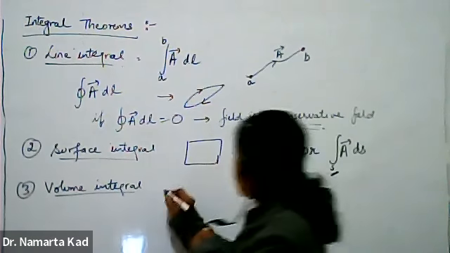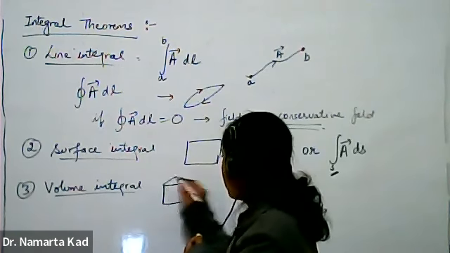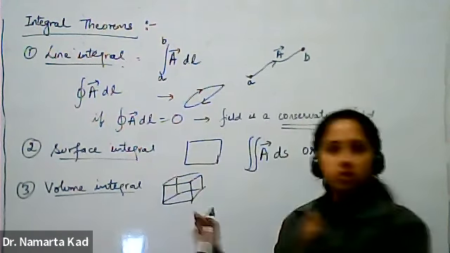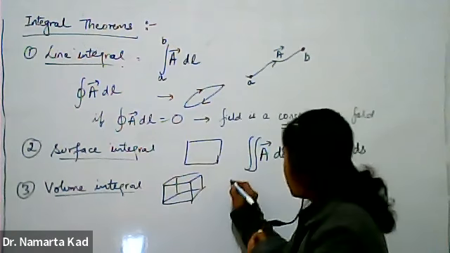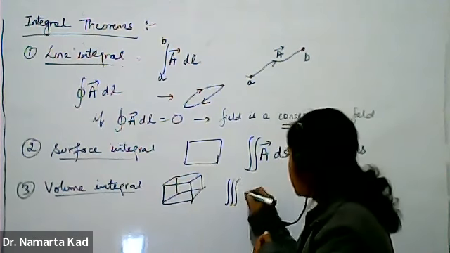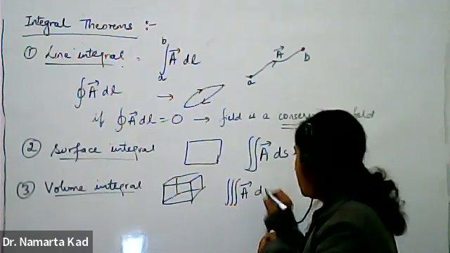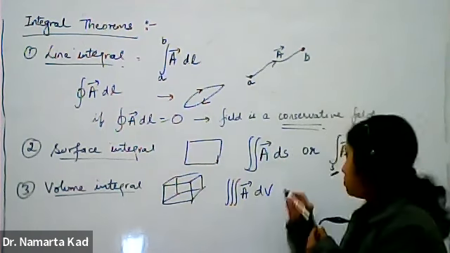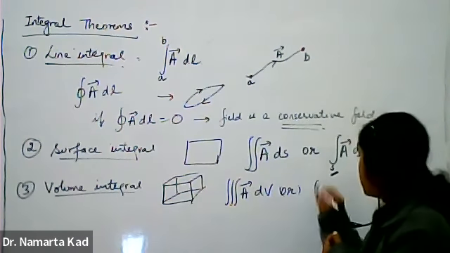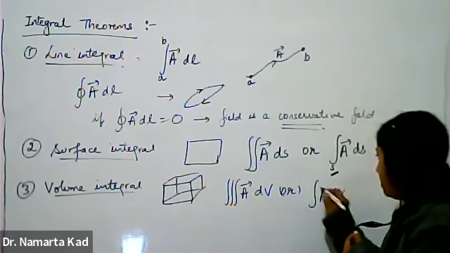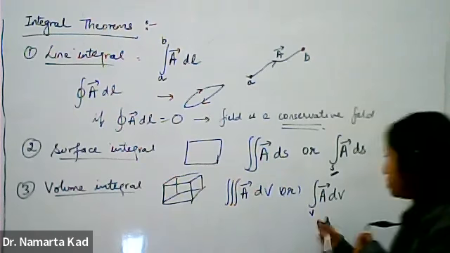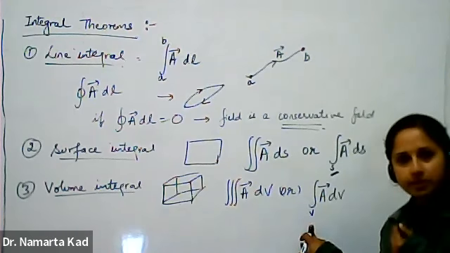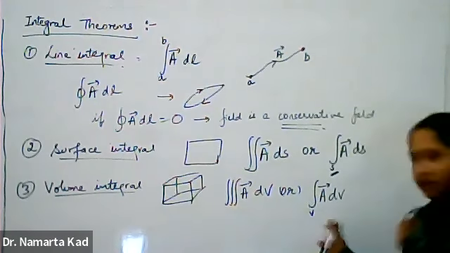The diagram can be drawn like this for a three-dimensional region, and it can be represented with the triple integral sign, with dv. Or you can also write A dv and put v here. So this also means the volume integral.